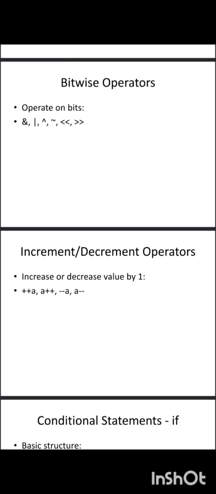The difference lies in when the value is updated. In ++a, the value is increased before it is used in an expression, while in a++ it is increased after use. These operators are extremely useful in loops and counters, where values need to be updated repeatedly.